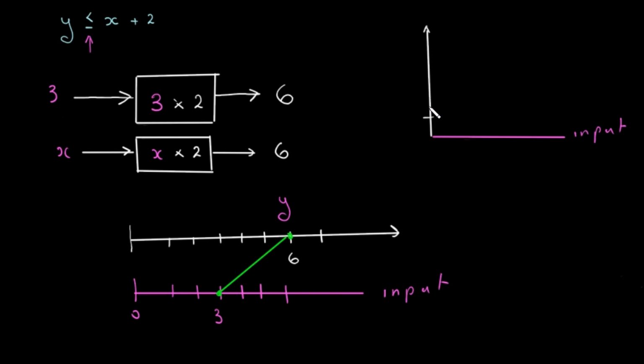That's all they are, just number lines. We have changed the way they are in relationship to each other. In this case, they're both horizontal. In this case, that one's horizontal, that one's vertical.